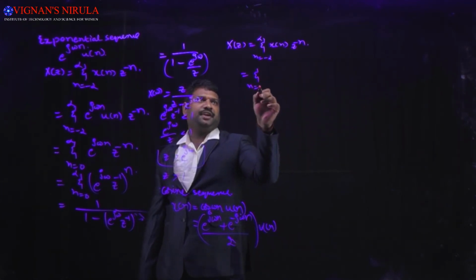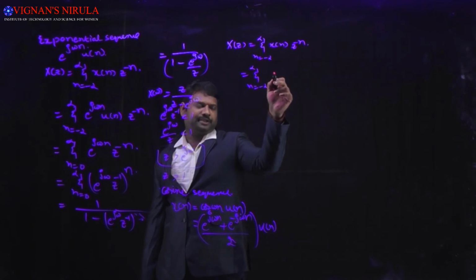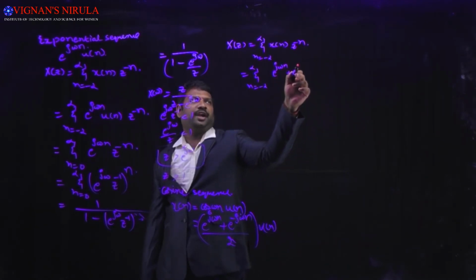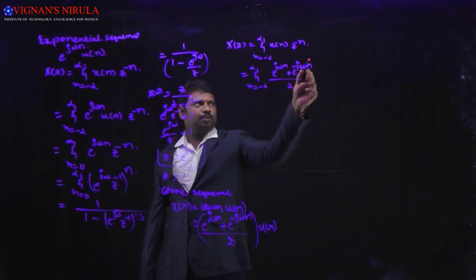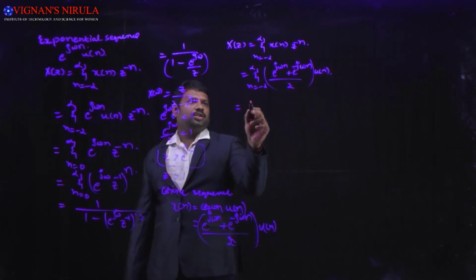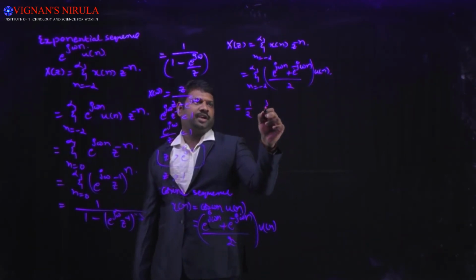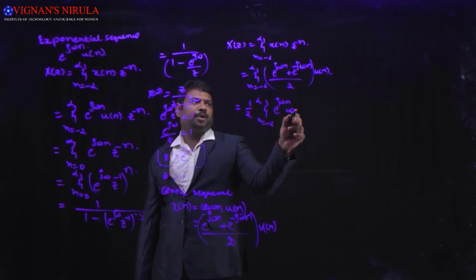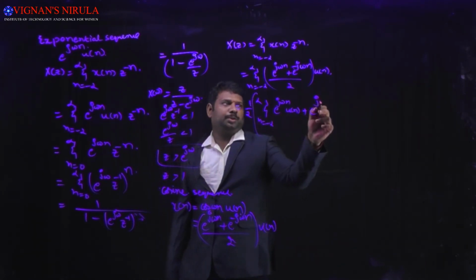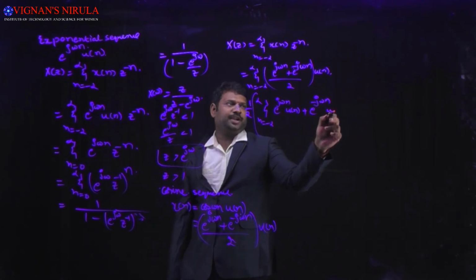X of n will be given as e power j omega n plus e power minus j omega n by 2 into u of n. Therefore, 1 by 2 is kept outside, summation of e power j omega n into u of n plus e power minus j omega n into u of n.